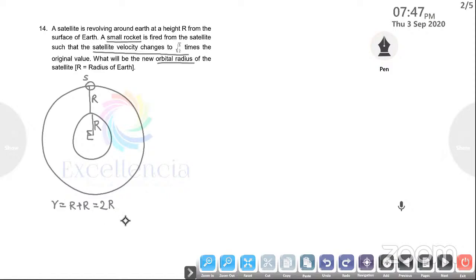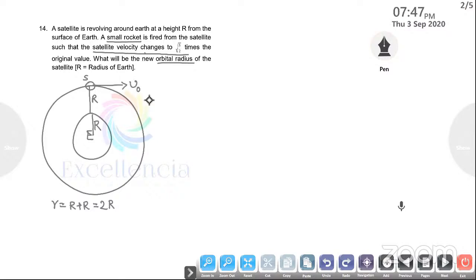Now what happened? During the journey of the satellite around the Earth, the satellite is firing a rocket such that after firing the rocket, the satellite has got a velocity which is equal to √3/2 times the original value. So before firing the satellite is going with a velocity v0.